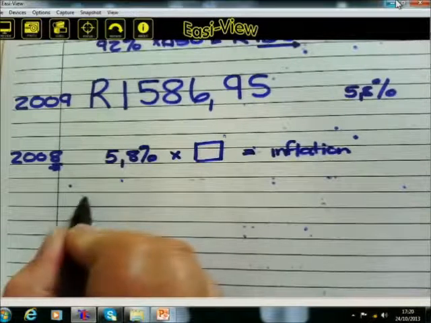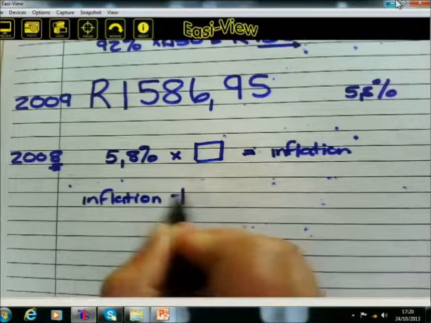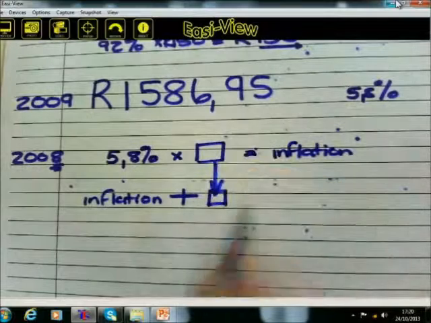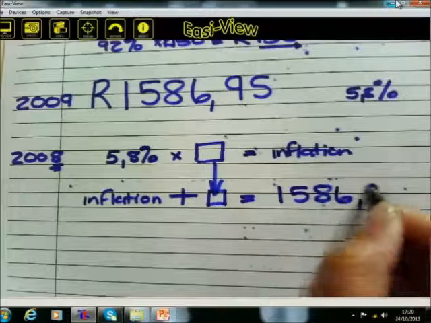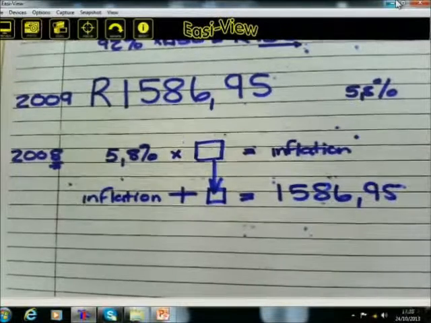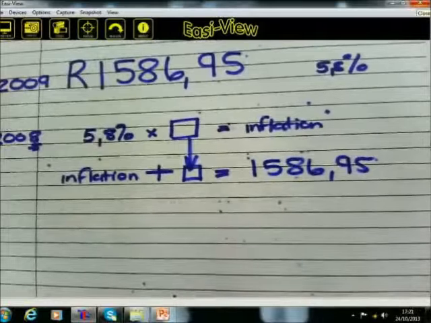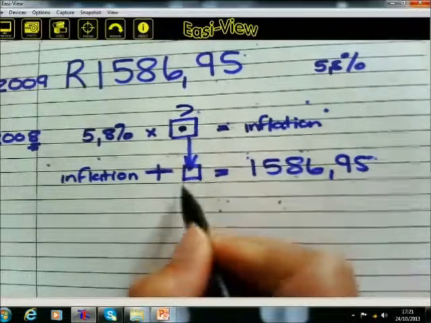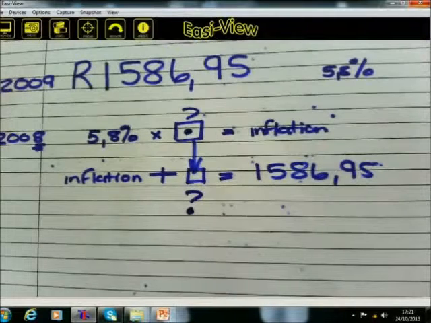Then they took that inflation and they added it to that same amount to get R1,586.95. That is what they actually did. And now what are they asking us? Now they are asking us, but what was that original amount?